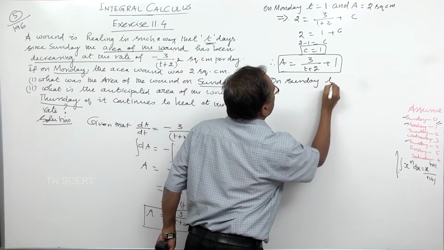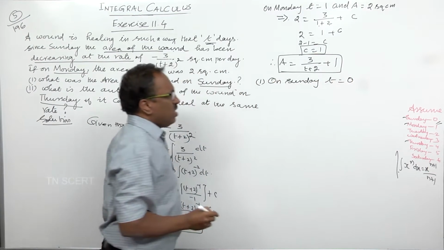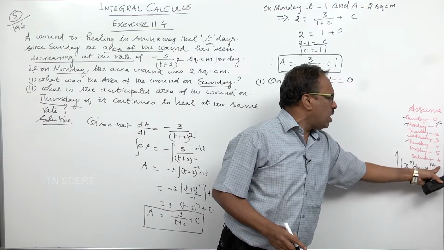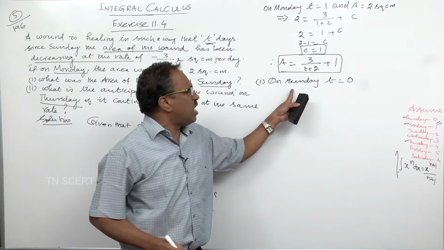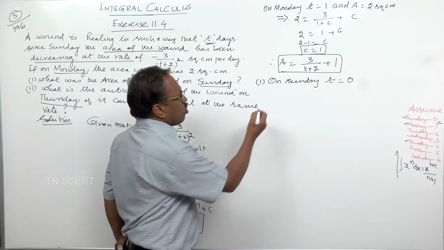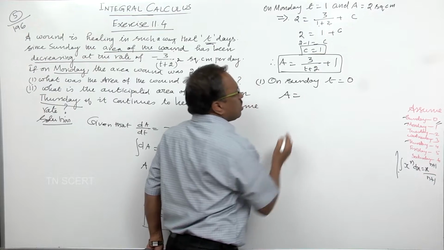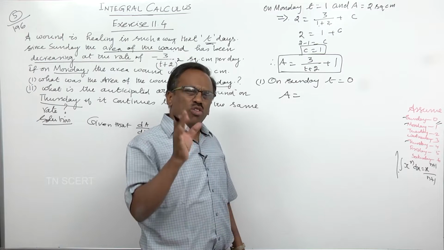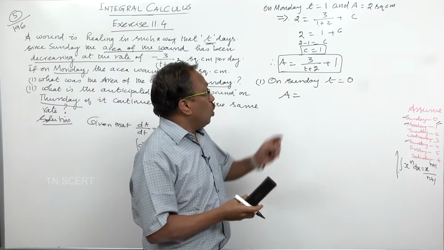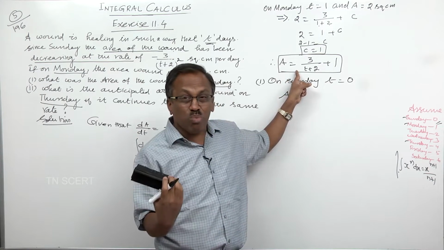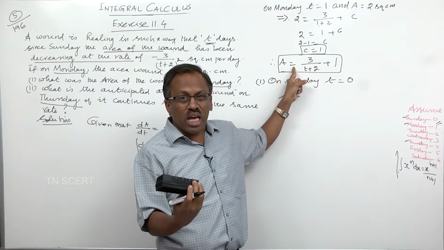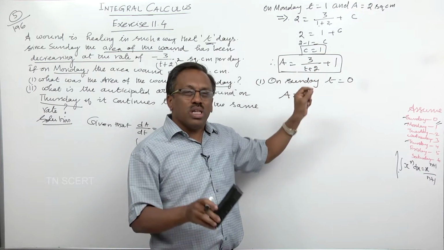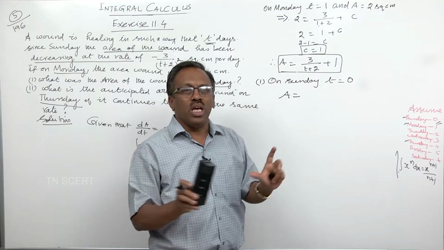So time is 0 here, remember that. On Sunday, assume that the time factor is 0, 1, 2, 3 up to 6. So on Sunday T is 0, what would be the area of the wound? We wish to know how much wound was there on Sunday. Though we have calculated for the next day, Monday, we wish to know how much the wound area would be.